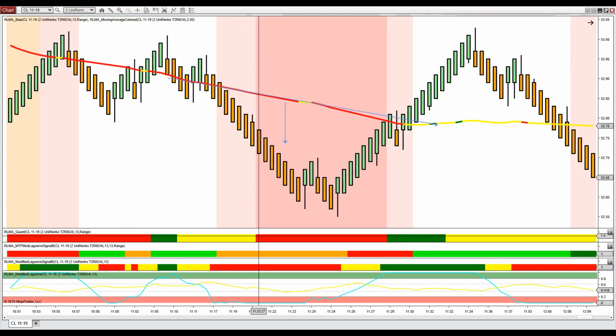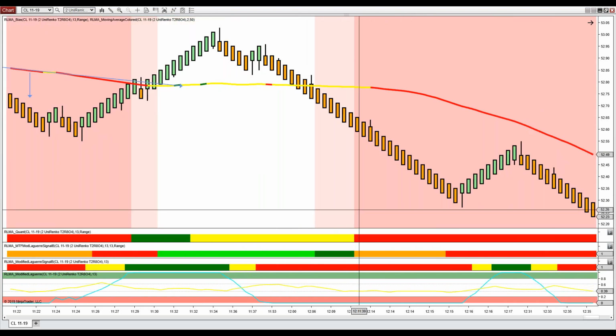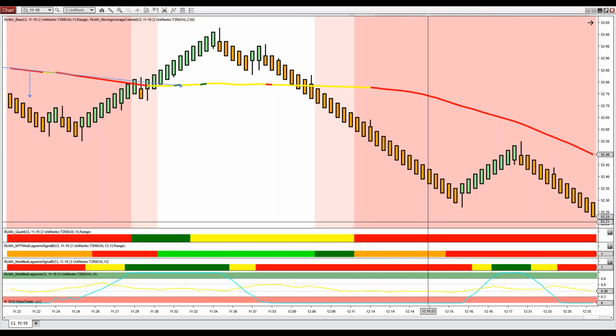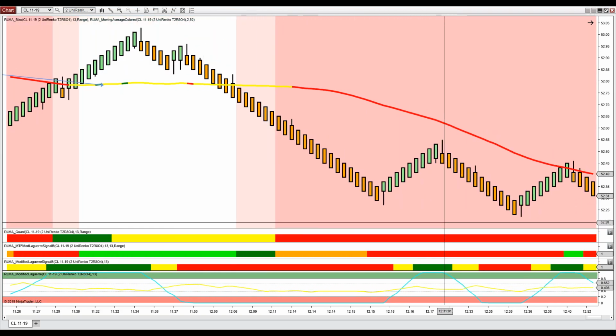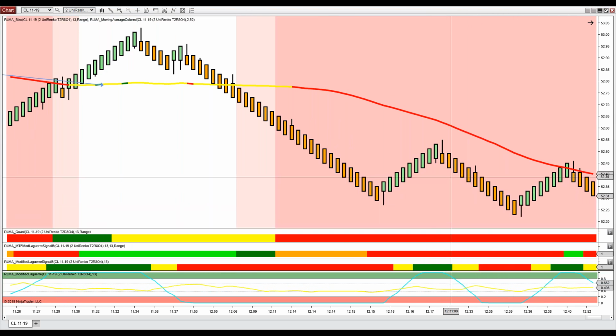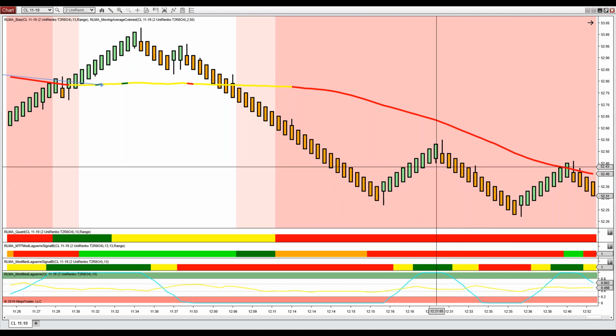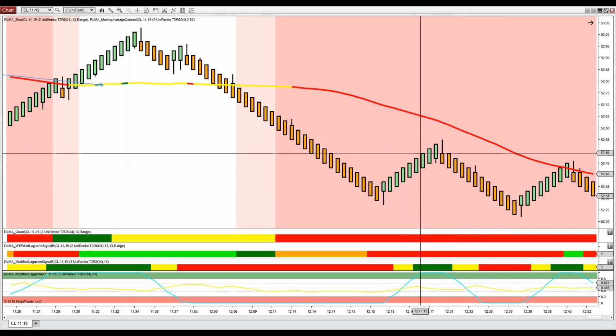Along here, you might get a signal. And here's where you're going to get your big signal. Short. And then short.